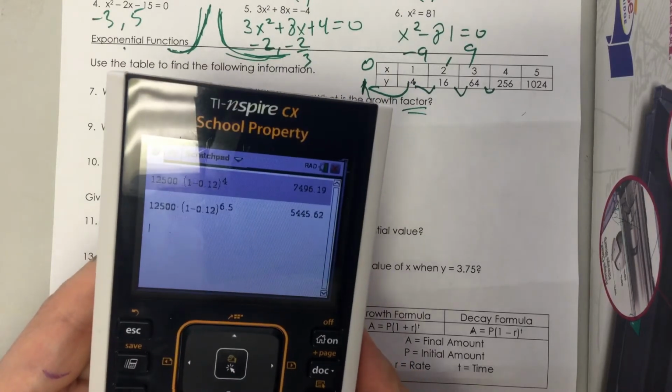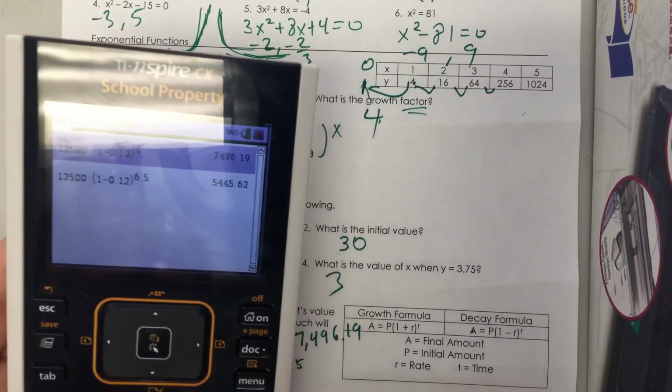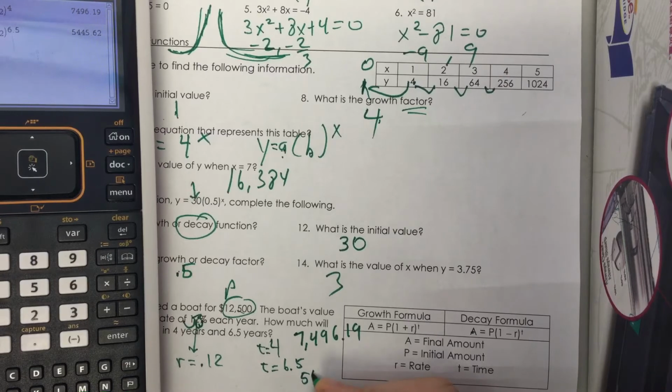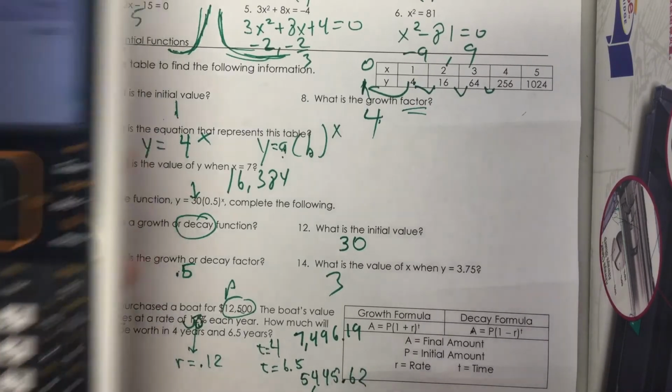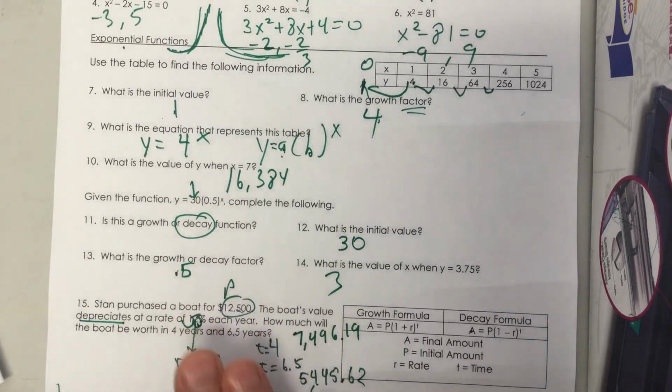Boom, there's my new answer. In 6.5 years, the value is $5,445.62. There you go. That is the first page of day 3.